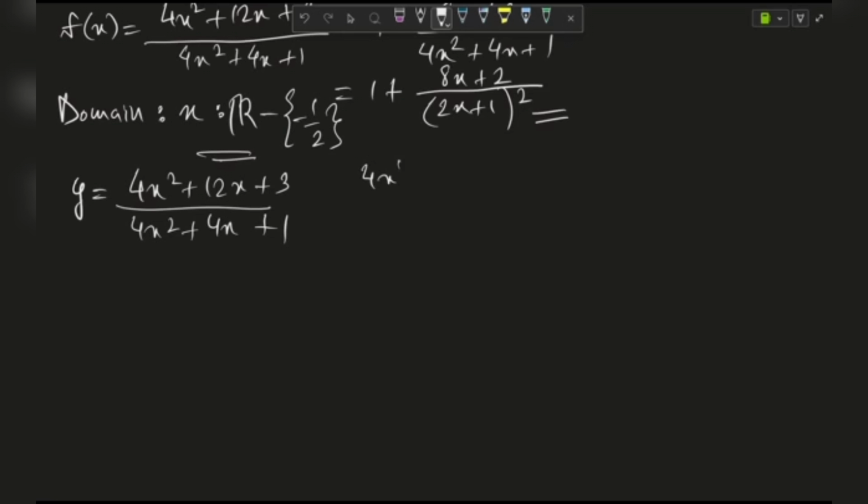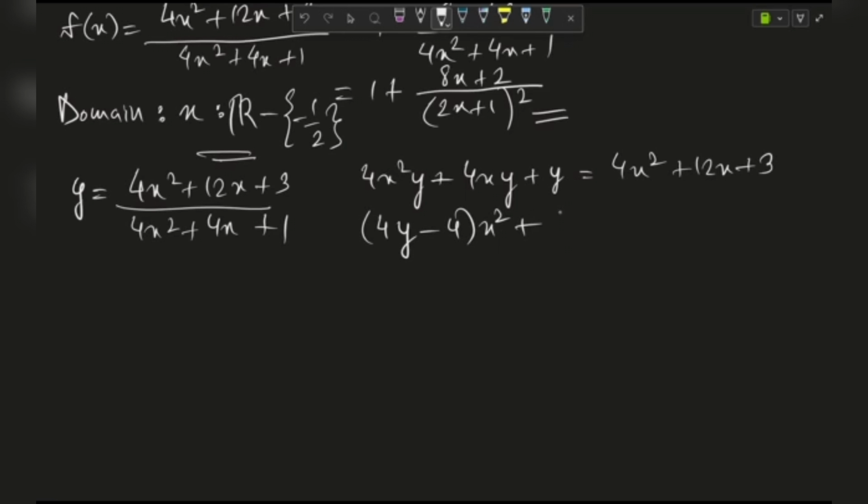This will be 4x square y plus 4xy plus y equal to 4x square plus 12x plus 3. If we take all these terms to the LHS, we will have (4y minus 4)x square plus (4y minus 12)x plus (y minus 3) equal to 0.